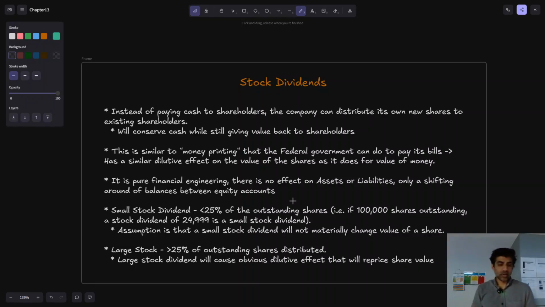In the same way, a business that wants to conserve cash but still wants to give the shareholders something of value will issue new shares.